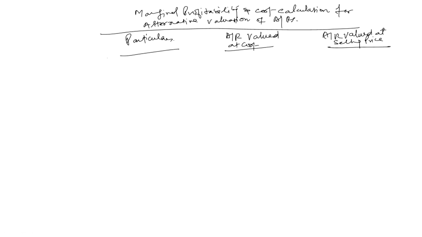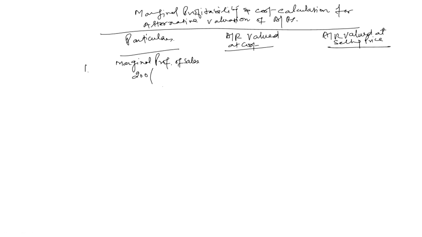Number one, first of all we will have to calculate the marginal profitability of sales. Marginal profitability of the sales is how much? That is, how much increased sales are we going to have? 200 crores.